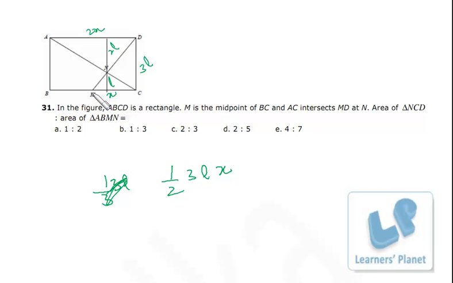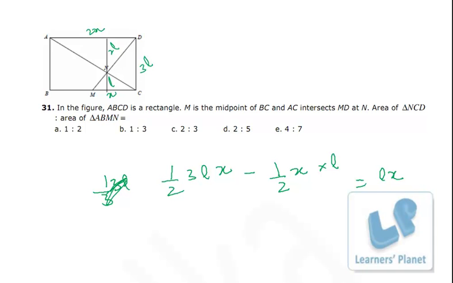From that I deduct the area of MNC, that is half base into altitude. So it is 3 by 2 Lx minus 1 by 2 Lx. So precisely it is Lx. So the area of NCD is Lx.